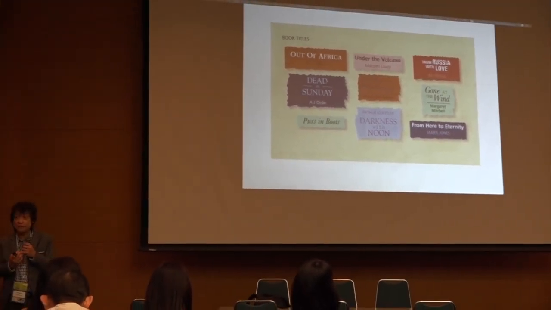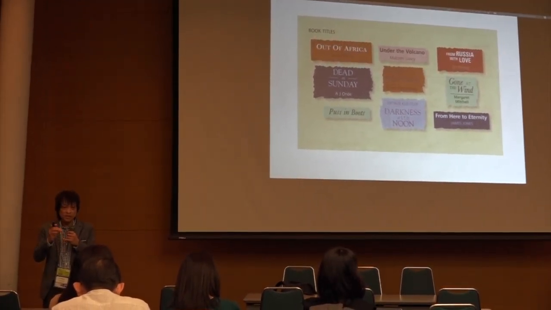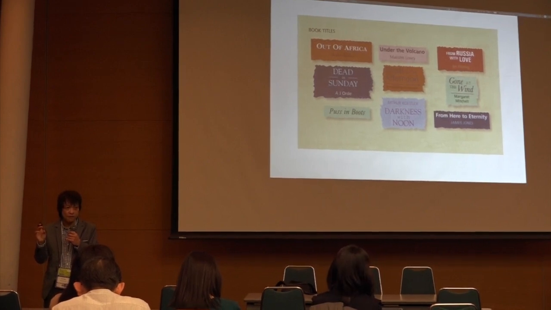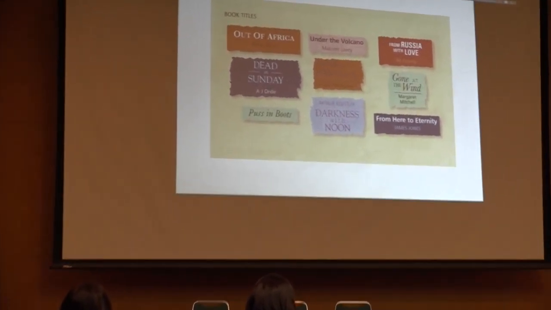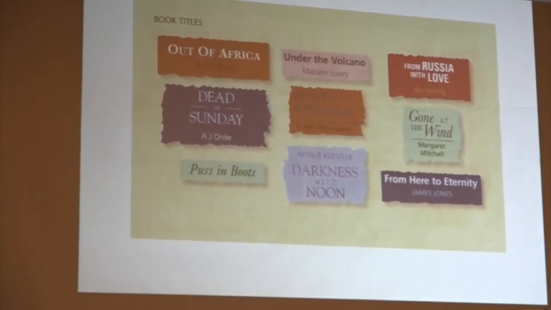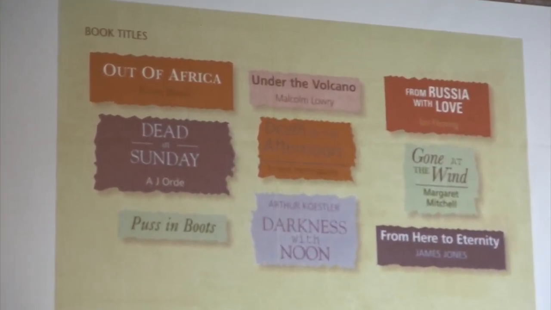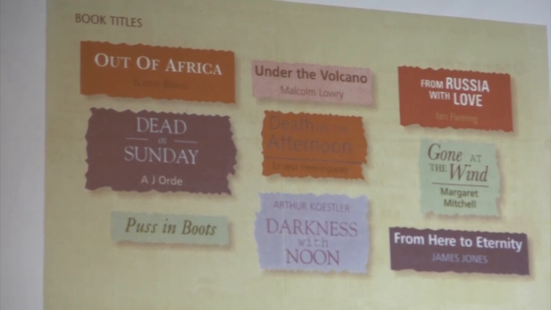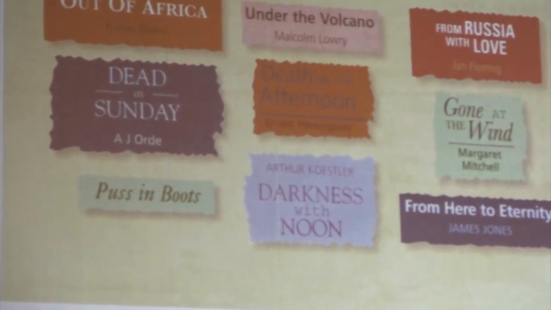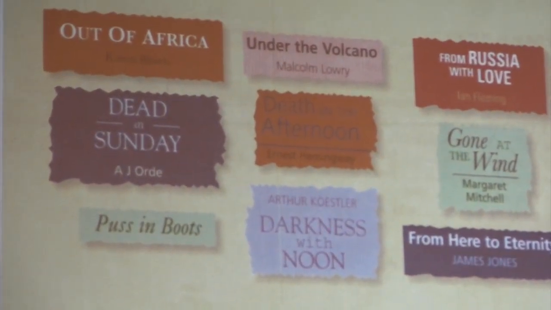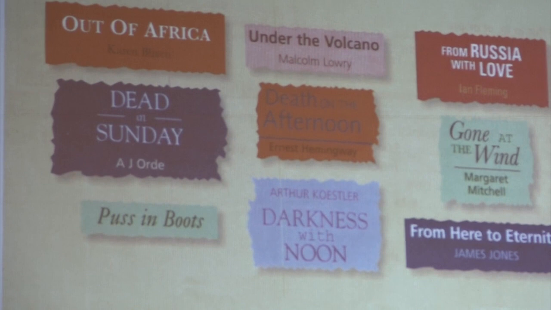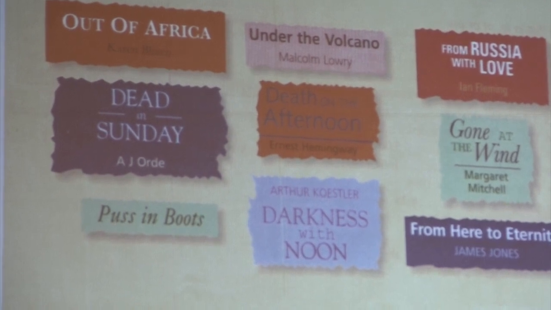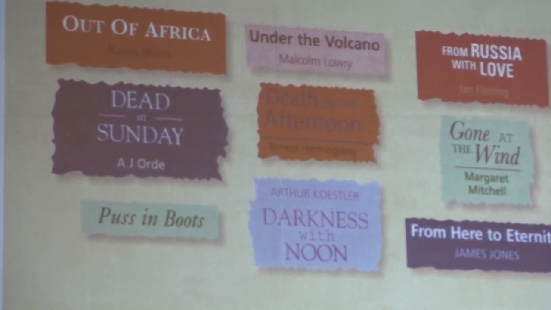Suppose you are teaching prepositions. One thing I did was take real novel titles and change the preposition. I use Paint or Photoshop to change some prepositions to get them wrong. Then I invited my students to correct them. Can you spot the incorrect one? Like the first one, Out of Africa is right. Under the Volcano is a novel.